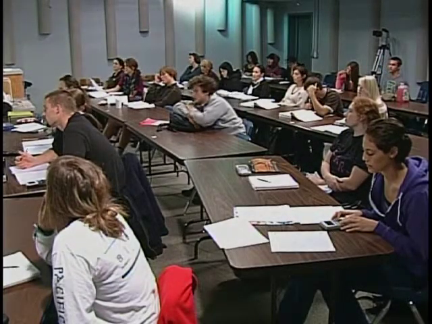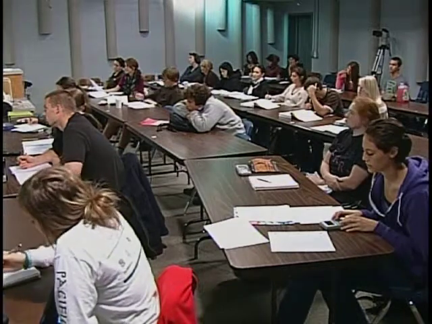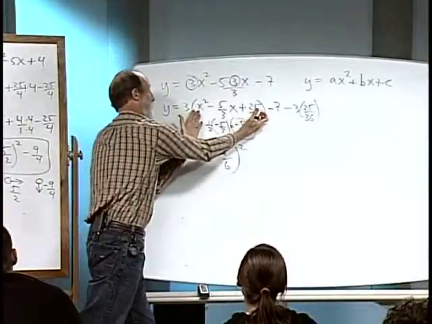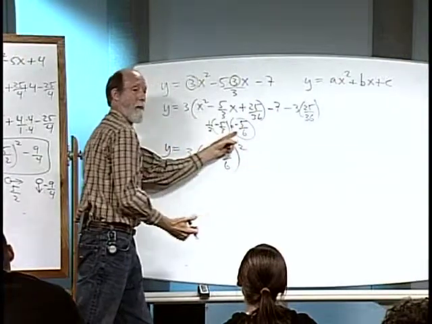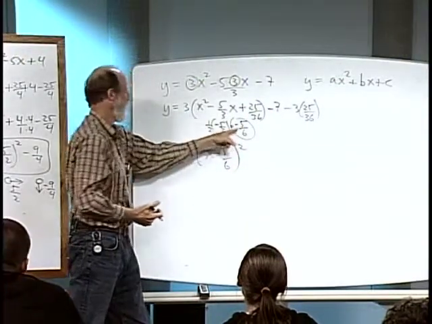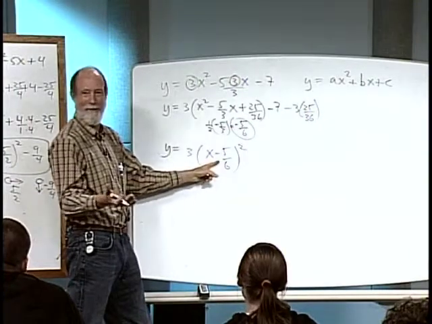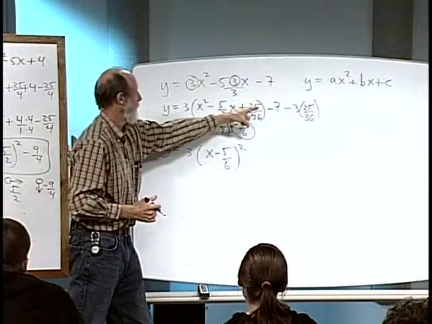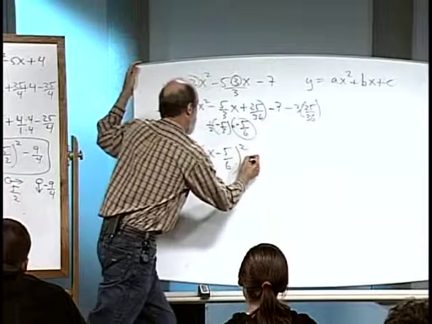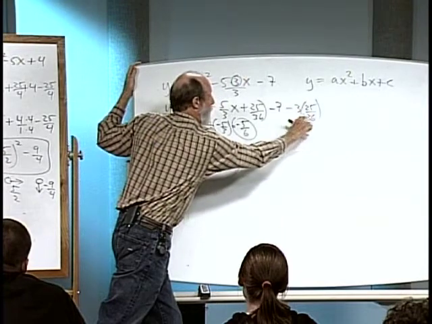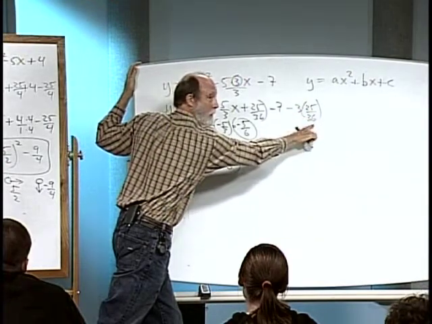3 times x minus 5/6. Good. Quantity squared, right? Because this thing traps now as a binomial square using that number. Isn't this nice writing that down and circling it? Because we reuse it right here, don't we? And then we have some arithmetic to do over here. Minus 7, and then 3 goes down into 36 12 times, doesn't it? 12 times there.